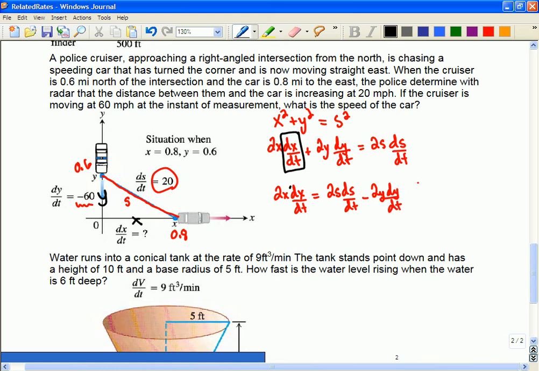And I can divide this out, which means all those 2's would disappear as well. So now it's a matter of filling everything in, the information I have in the problem.